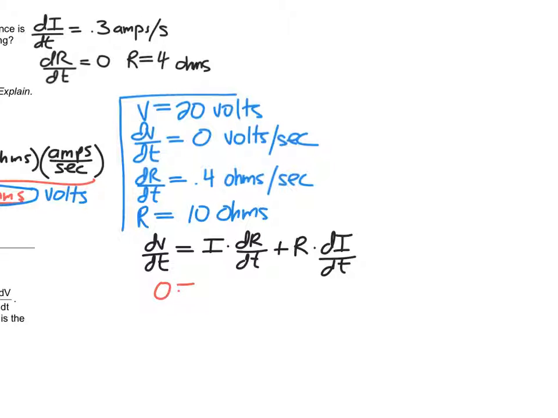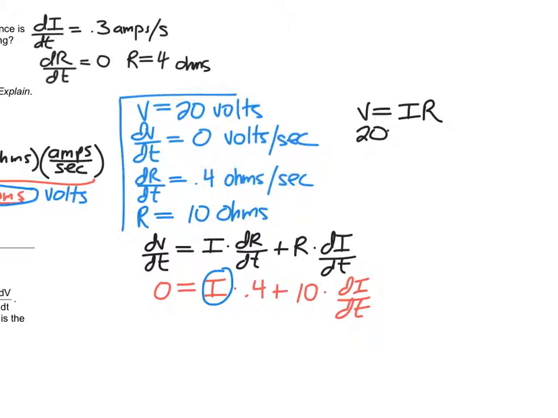I is currently unknown, dR/dt is 0.4, R is 10, and we're looking for dI/dt. You might say we don't have enough information to solve the problem, but we actually do, because if you go back to your original model, V equals IR, 20 is equal to I times 10, making I equal to 2. So 2 amps.